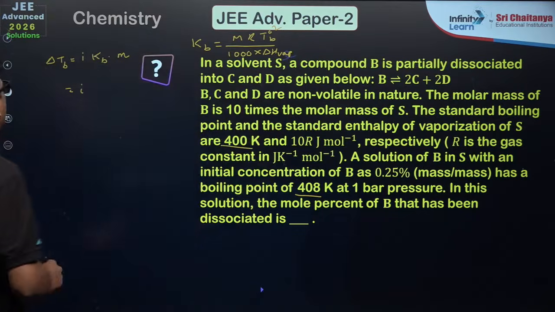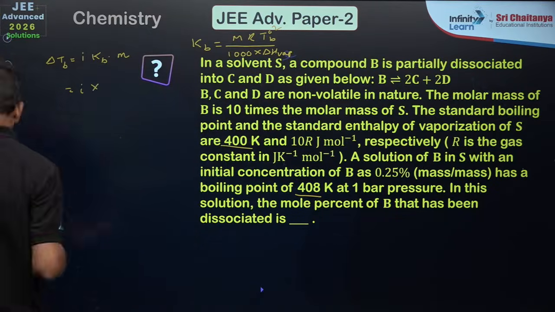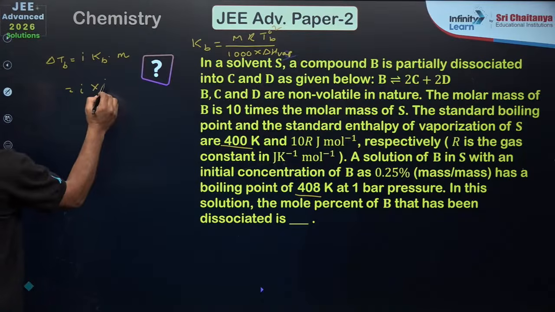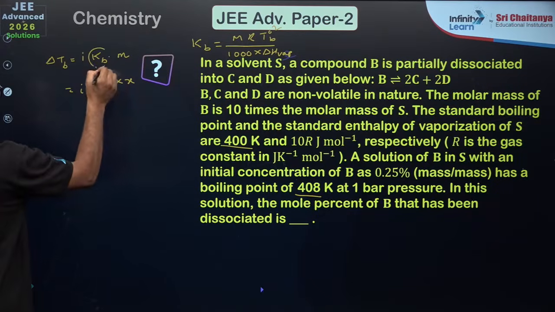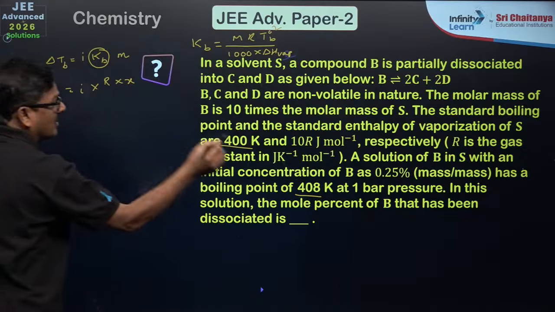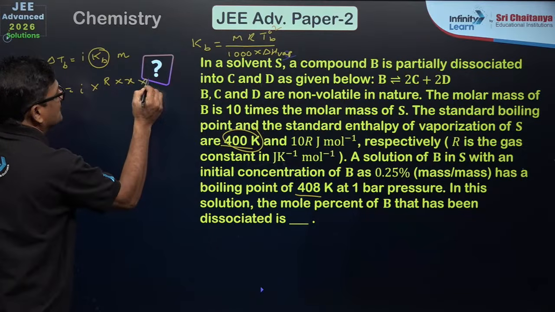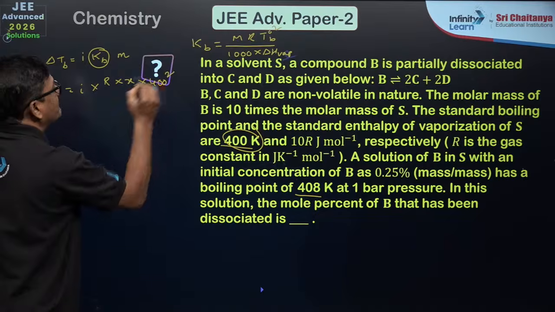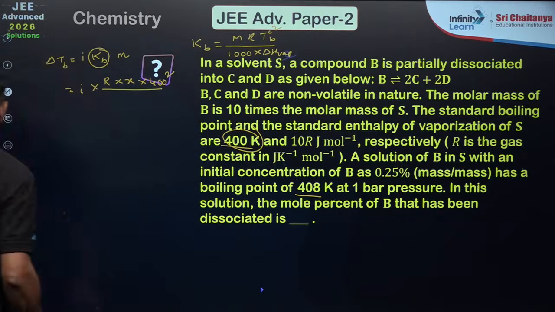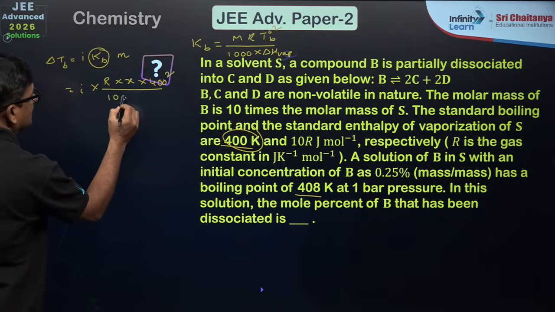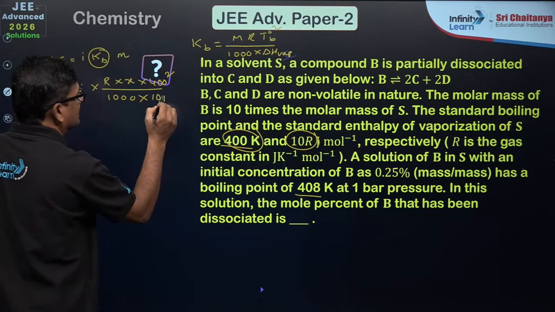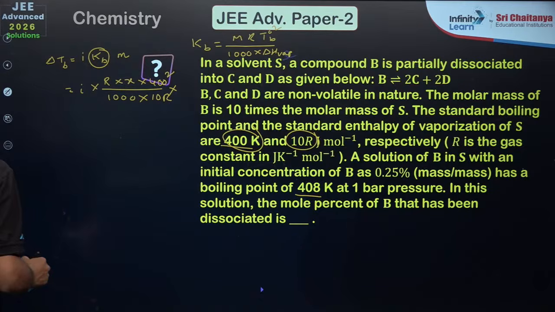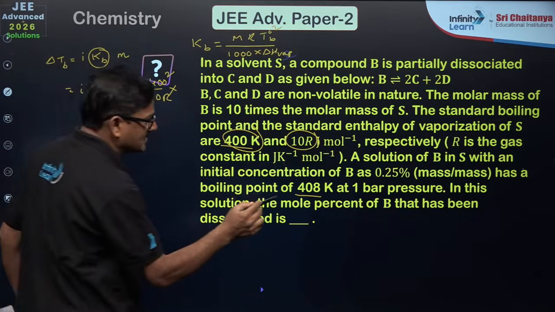The molecular mass of this, let us say is X, and I just want to put these values. 400 Kelvin square upon 1000 into 10 R, and its molality is supposed to be based on 0.25%.